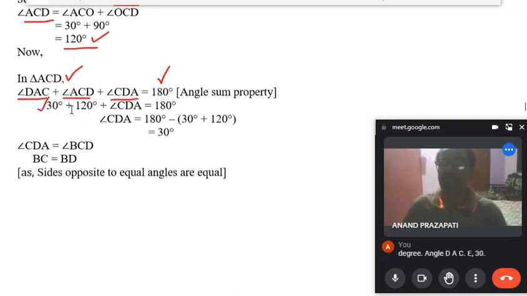Angle ACD is 120 degrees. Therefore, for angle CDA, moving the addition of these two to the right hand side, it will be minus. So 180 degrees minus the sum of 120 degrees and 30 degrees, that is 150 degrees. 180 degrees minus 150 degrees equals 30 degrees. Therefore, angle CDA equals 30 degrees.